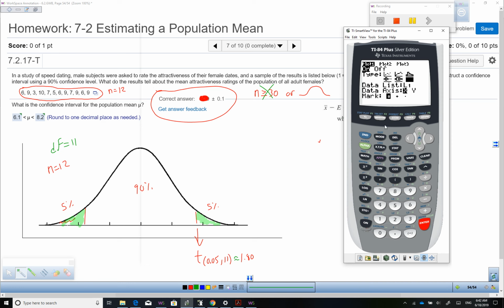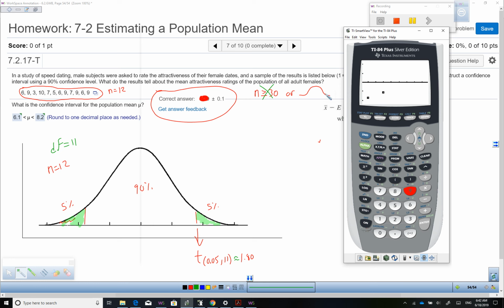Finally, we need to go to Zoom and go down till you find the option that says Zoom Stat, which is number 9. Let me hit number 9, and as you can see here, that follows a reasonable linear pattern.